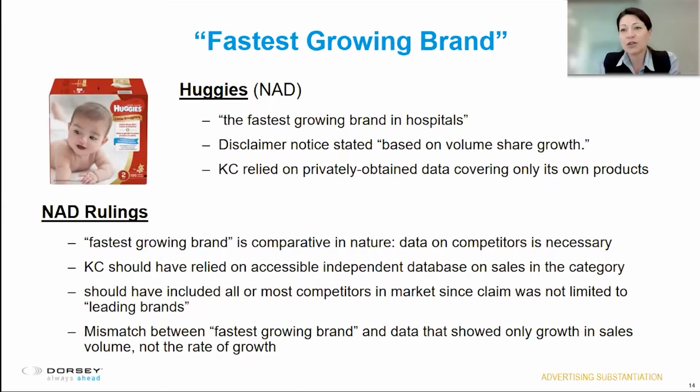And the NAD disagreed and said, actually, experts in the field, which often they rely on, really say that the category of carpet cleaning supplies, a reasonable consumer wouldn't consider that to include vacuums. So I think sometimes it's important to think about what experts in the industry might believe fits into a particular category of products and what a reasonable consumer might believe fits into that category.